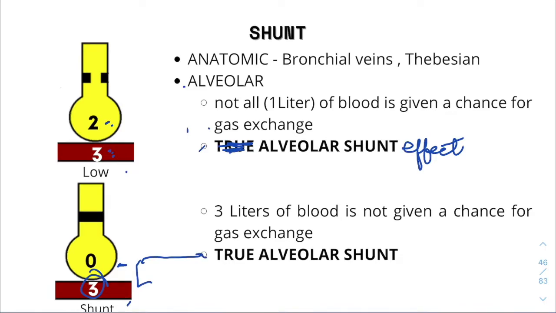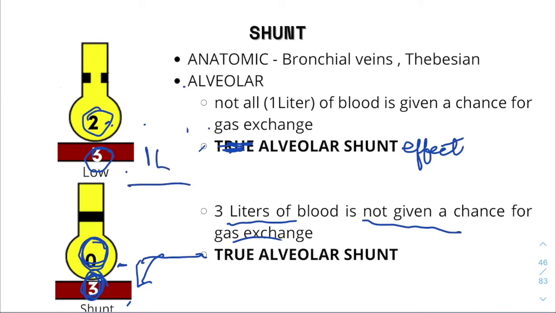In true alveolar shunt, 3 liters of blood is not given a chance for gas exchange because the respiratory unit in this area has no ventilation. So this is your true alveolar shunt. In this area, wherein you have 3 liters of blood and there's 2 liters of gas, there is 1 liter of blood that is not given a chance for gas exchange. So this is your alveolar shunt effect.